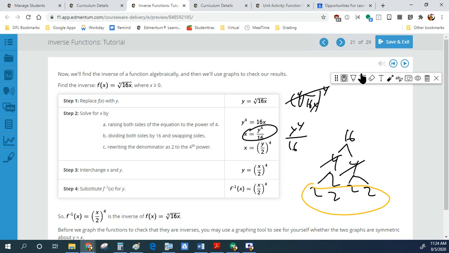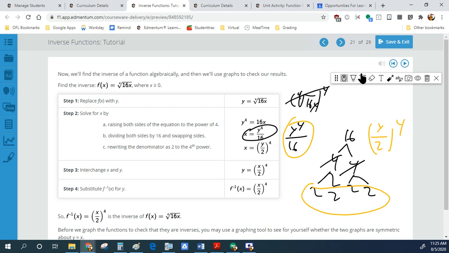So they're making it more complicated by going, oh, this is y over 2, and we're going to raise that to the fourth. Does that kind of make sense? I know I went through that fast. But that's all they're doing. You could literally leave it like this and you'd be fine. They're being a little extra right now.